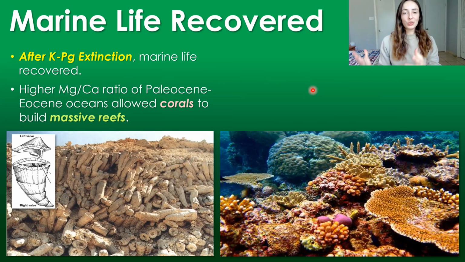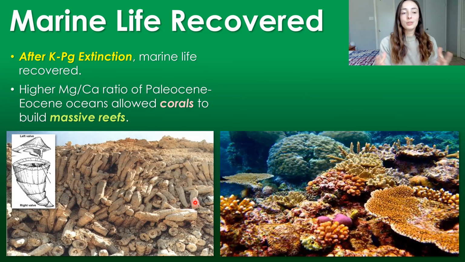So we ended in the Cretaceous videos with some pretty nasty extinctions at the Cretaceous-Paleogene boundary when an asteroid hit Earth and caused a bunch of climatic events that were devastating for life. But marine life recovered pretty quickly afterwards, and magnesium-calcium ratios in the ocean were higher at that point, causing corals to be the major reef builders instead of rudists, which were the major reef builders during the Cretaceous.